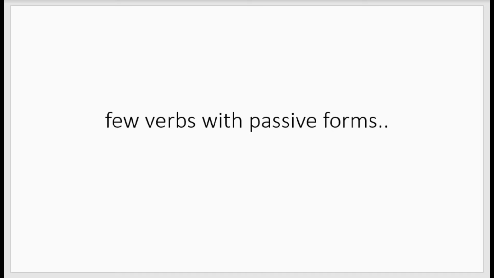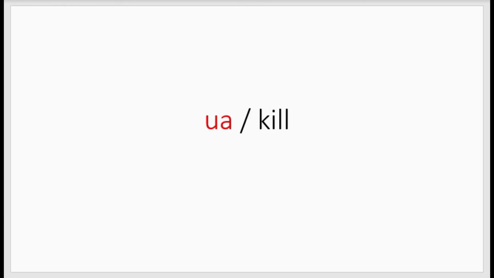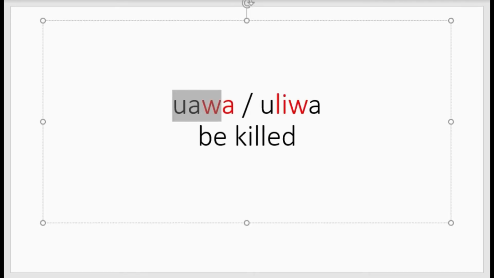Now, a few verbs with passive forms. Ua, which means kill. Uwawa, or uliwa. Uliwa, which means be killed.